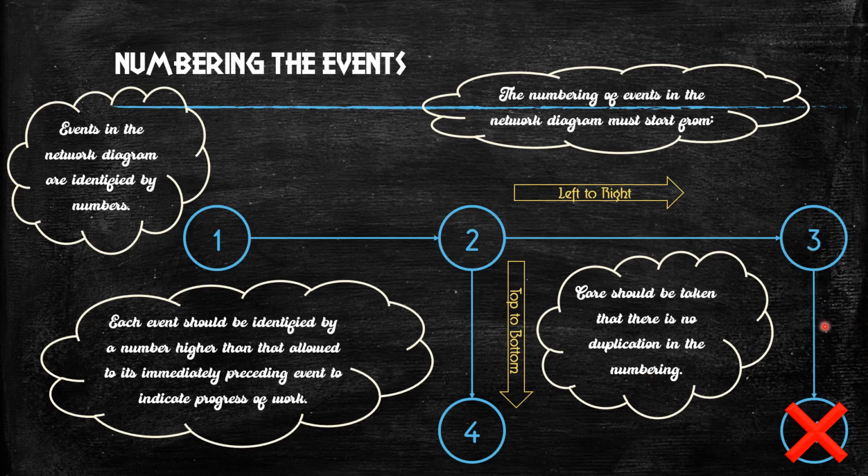And when you see here 3 to 4, there is nothing wrong. But here we make a mistake that we have repeated a number which is already given to some other event. So we have to be careful in giving numbers to the events, that we are not repeating them again.